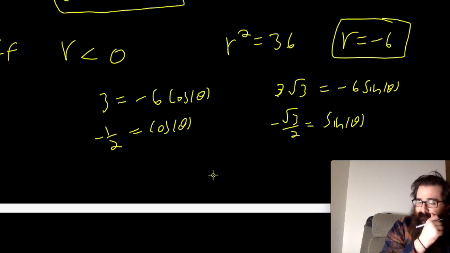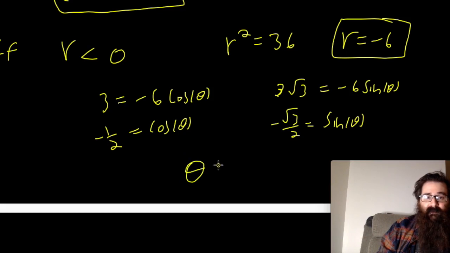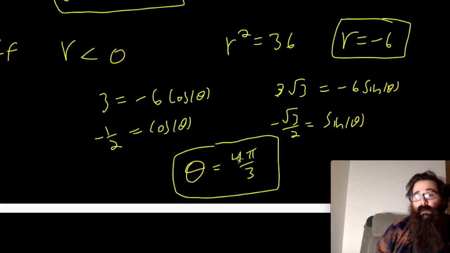There's a nice, quick way we could do this. Since r is negative, we could think of this as a 180-degree rotation. But if you're solving both of these together, no harm, no difference there. You'd be able to find it this way as well. Theta is equal to 4 pi over 3, something in quadrant 3 with pi over 3 as a reference angle.